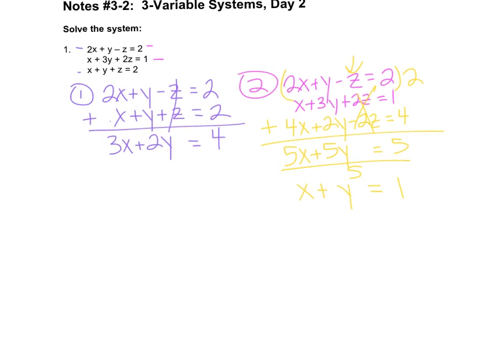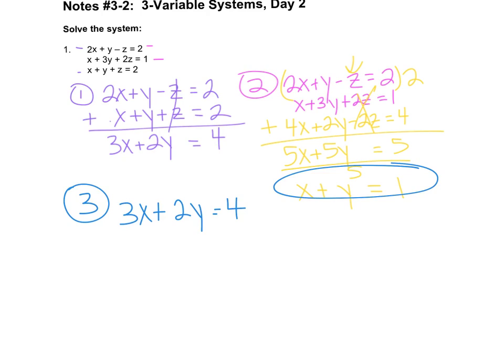So I'm going to go to step 3, and I'm going to write down those 2 equations. I'm going to use the reduced one, but if you want to use 5x plus 5y equals 5, that's fine. Okay, so now choose whichever variable you want to eliminate. Let's eliminate the y. So I need to multiply it by -2 on that second equation.